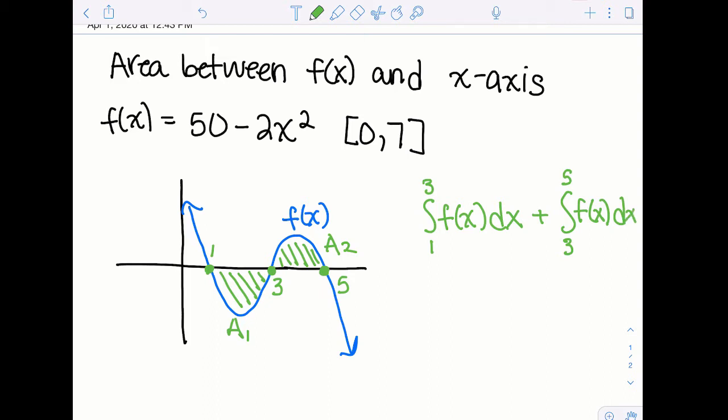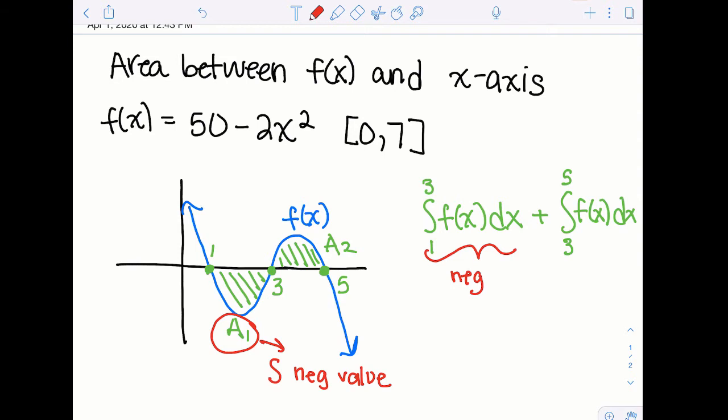The thing, though, from what I mentioned in the previous example, is area 1 is below the x-axis. So that means when you evaluate the integral, it's actually going to give you a negative value. So we can still go ahead and evaluate this. The answer is going to be negative, and since we're just trying to find the area, we want to make it positive.